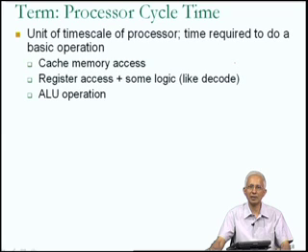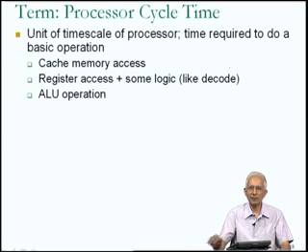In other words, the amount of time for a cache memory access, or the amount of time for an ALU operation, or the amount of time for a register access, maybe along with some simple logic like decode. Since the amount of time for a register access is likely to be much less than the amount of time for an ALU operation, or definitely much less than the time for a cache memory access.